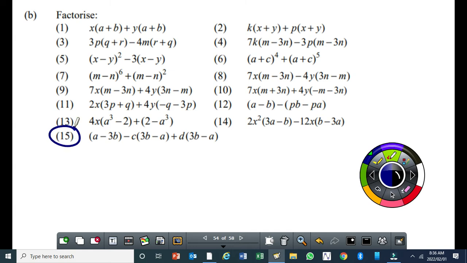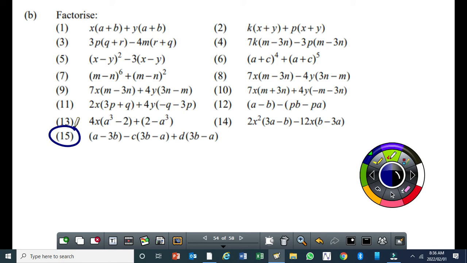Now, number 15, I'm sure you can see that we have how many terms here? 3 terms. Remember, your terms in algebra are separated by a plus sign or a minus sign. So we've got a minus sign here, which means this is a term because that's a binomial, it's inside brackets, it's one term. That's also another term, that's another term.